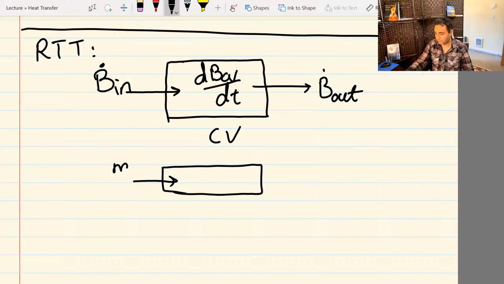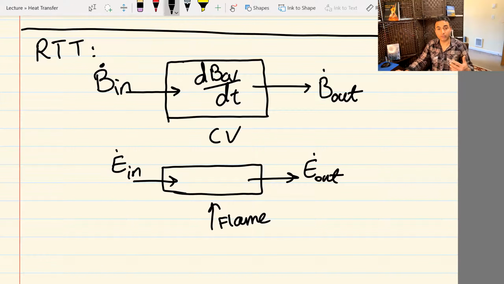Water is going in, and because I want to show energy, it has some kinetic energy and some temperature, which is internal energy, all of this. And it comes out. Let's say I put a flame here and heat up the water that already has some energy in the pipe.